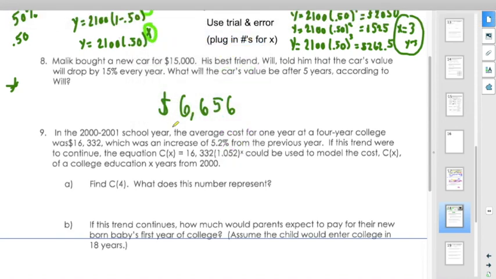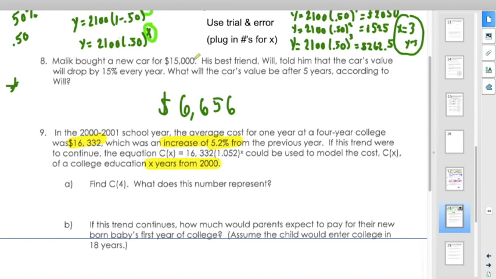So number 9, in the 2000-2001 school year, the average cost for 1 year at a 4-year college was $16,332, which was an increase of 5.2%. If this trend were to continue, the equation c of x, which is definitely exponential because of that x, would be used to model the cost, c of x, of a college education x years from 2000.